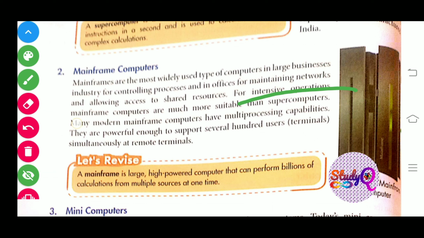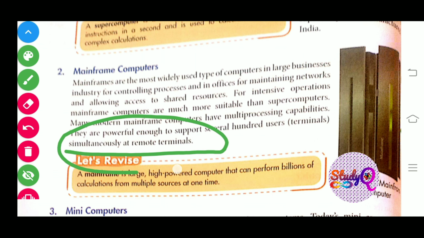For intensive operations, mainframe computers are much more suitable than supercomputers. Many modern mainframe computers have multi-processing capabilities. They are powerful enough to support several hundred users simultaneously at remote terminals.